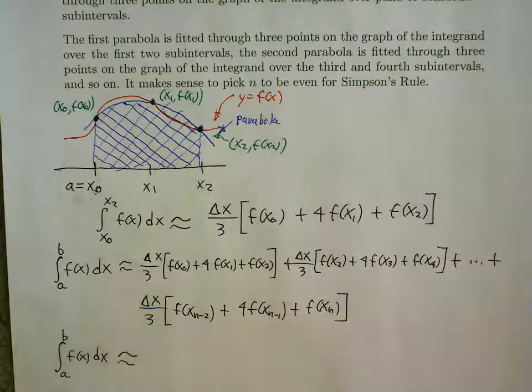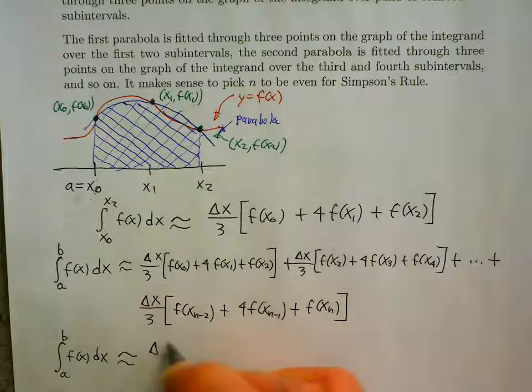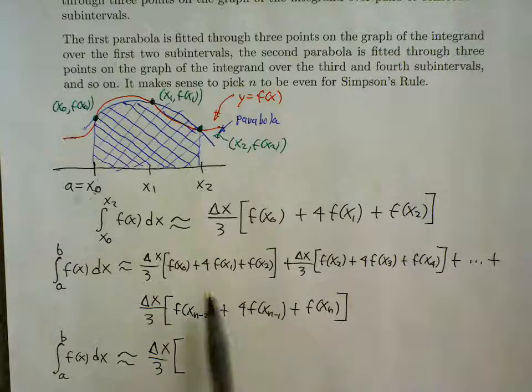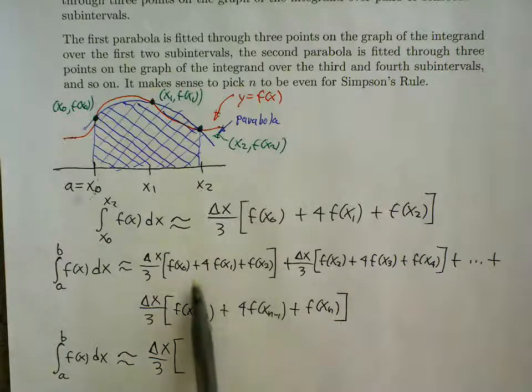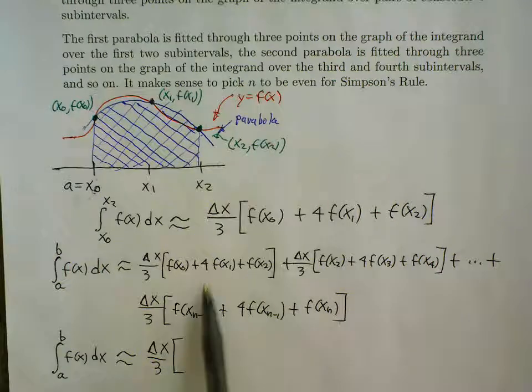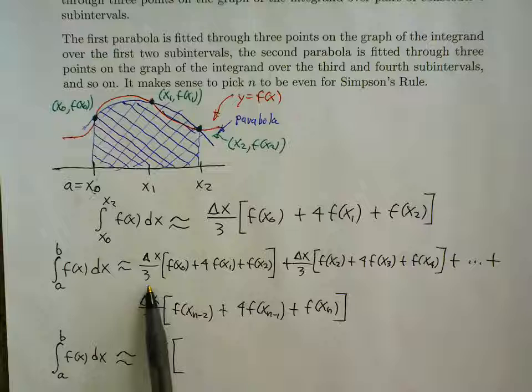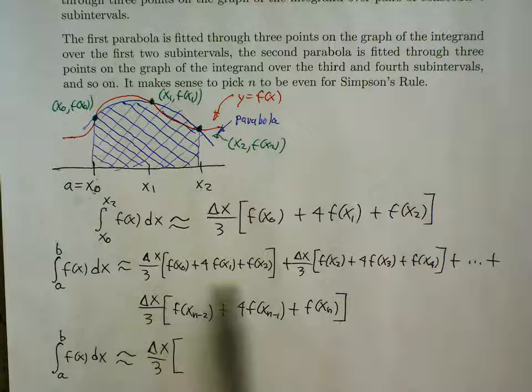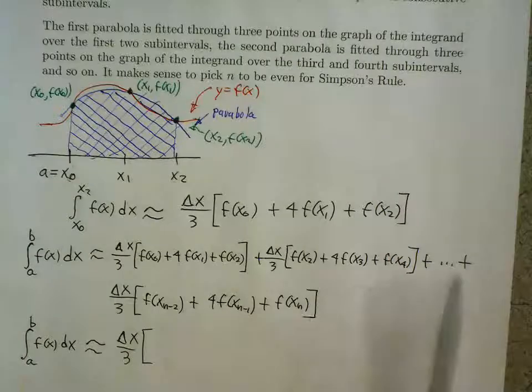If we add all of them up, well, they all have a factor of delta x over 3 out front. So we can write delta x over 3. Let's just look at the first two terms up here. What's going to happen when we combine like terms here?